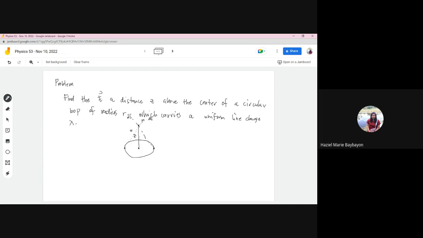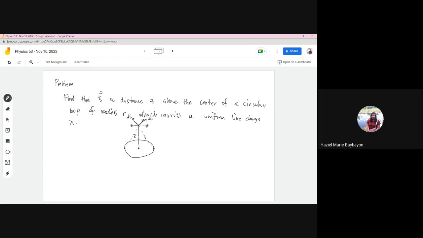So, pareha sila og magnitude since pareha man sila og distance with respect to the point P. Okay? So, unsa nga component sa electric field ang mag-cancel out? Ang mag-cancel out class kay kining x component.